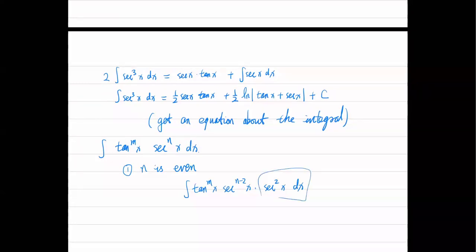Zichen, what's the substitution for this one? So that works. So this will be our du. Because n is even, let's say n equals 2k plus 2. Then I will switch this by just 2k.